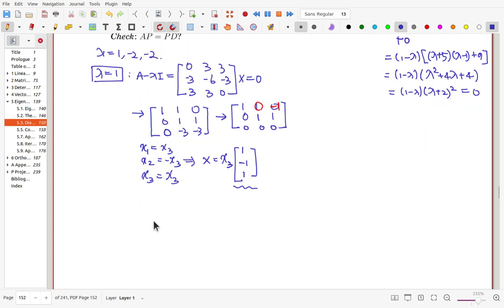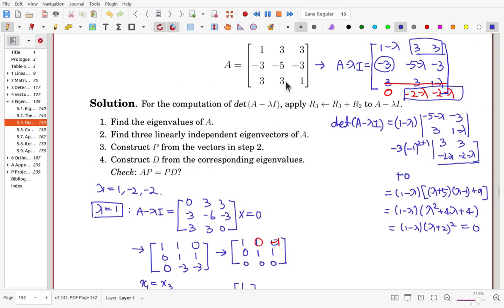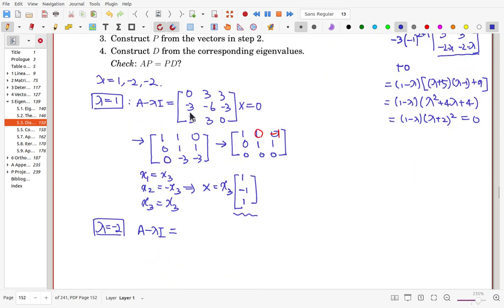And how about the eigenvectors for lambda equal to -2? Lambda is now -2. For that one, we form A minus lambda I. So we have to add 2 along the diagonal of the matrix A. Eventually we have to add 3 along the diagonal of the matrix.